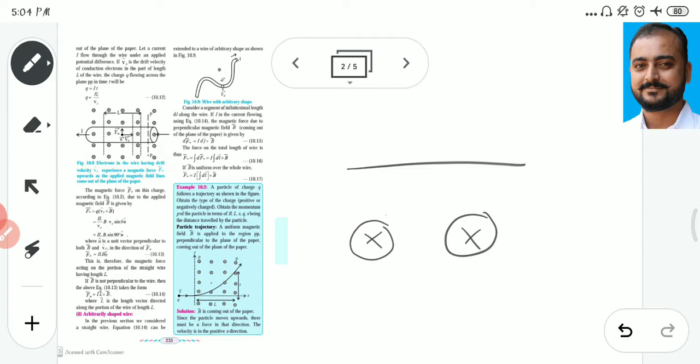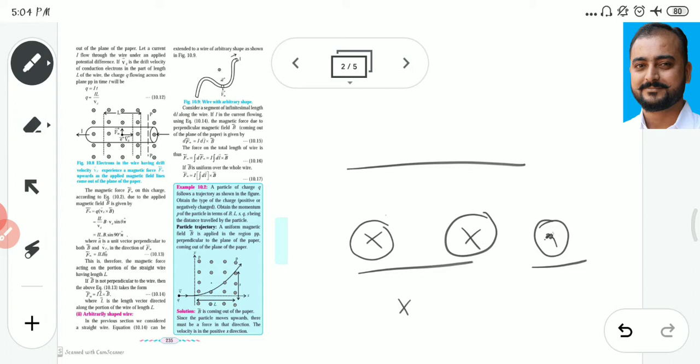And in the other case, when it is shown by a dot, we consider the magnetic field to be moving outside the paper, perpendicular to the plane, meaning towards your face. So these are the two symbolic representations.